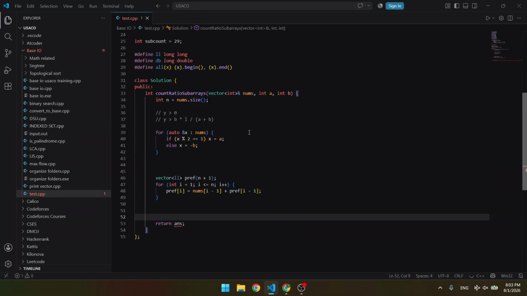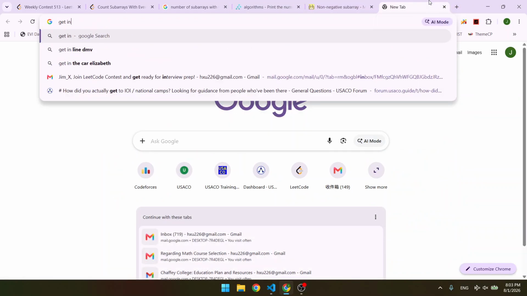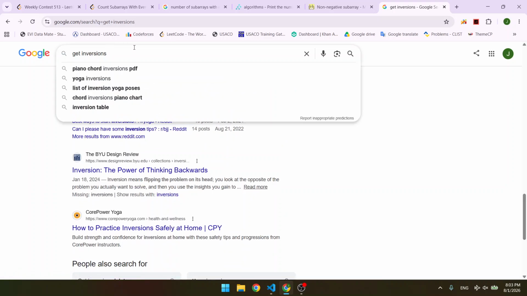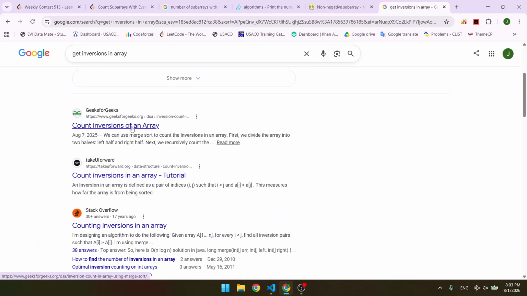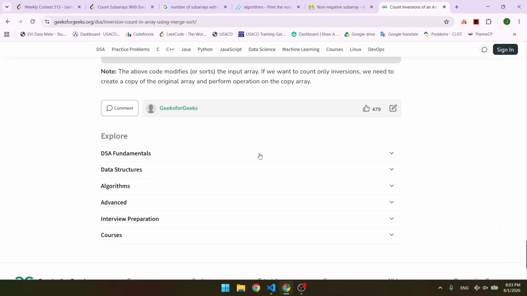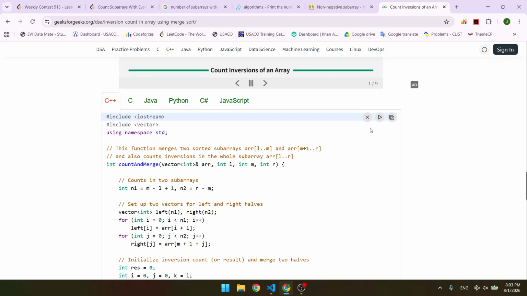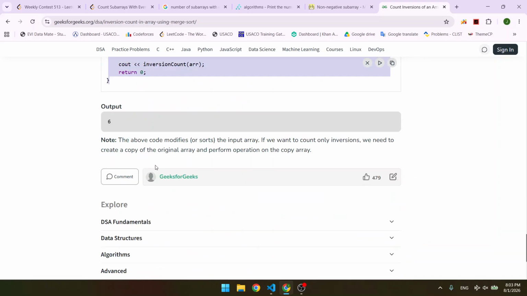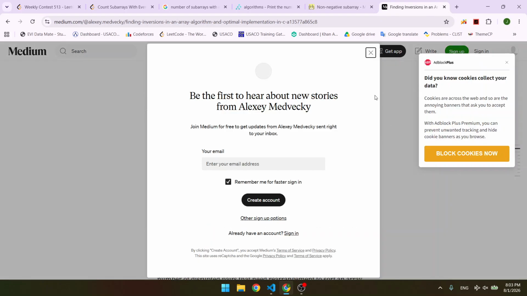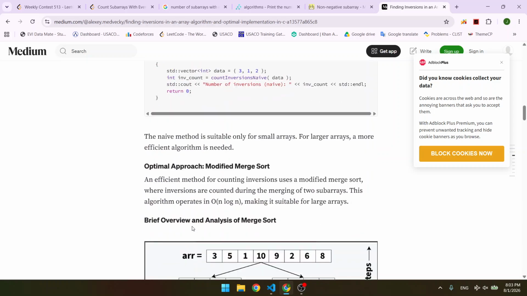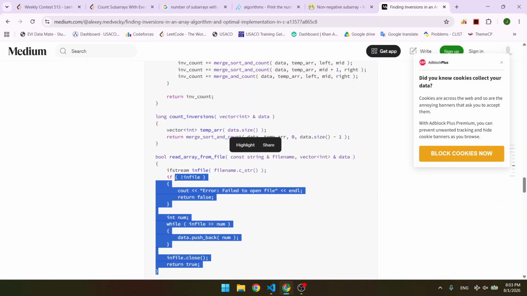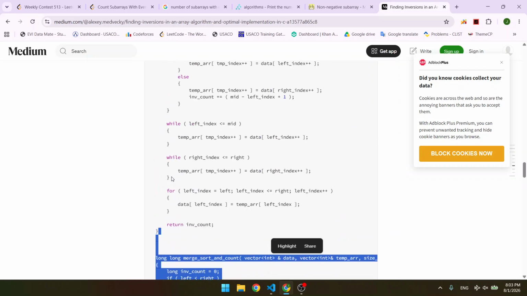Okay. Okay. Just use this one. Count inversions.